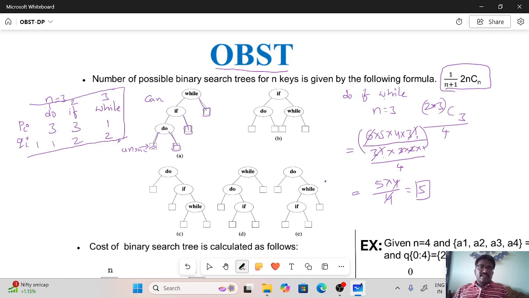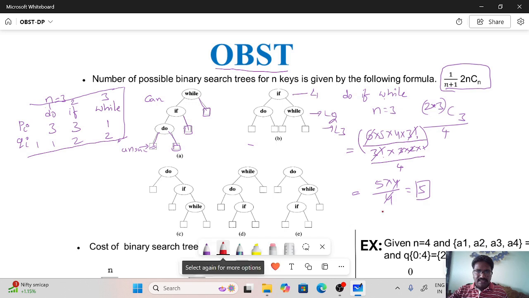For example, consider this example. How many levels does it have? This is level 1, this is level 2, and this is level 3.